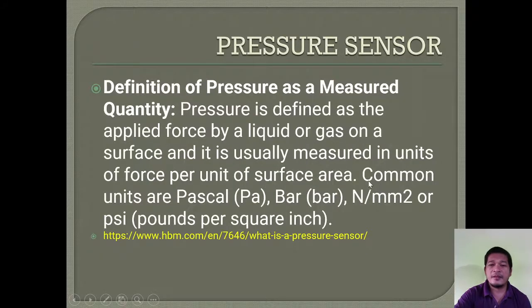Then the next type of sensor is what we call the pressure sensor. Pressure is defined as the applied force by a liquid or gas on a surface, and it is usually measured in units of force per unit of surface area. Usually that is bar or Pascal.